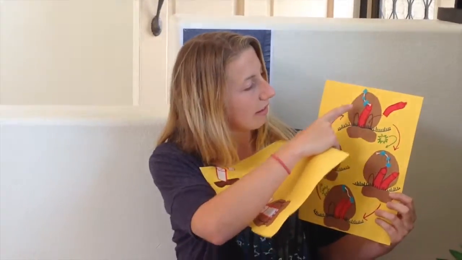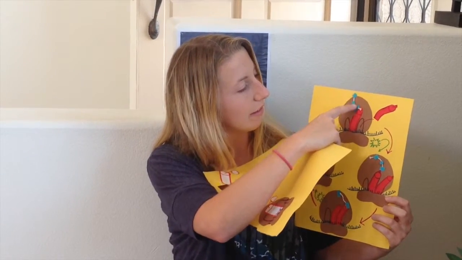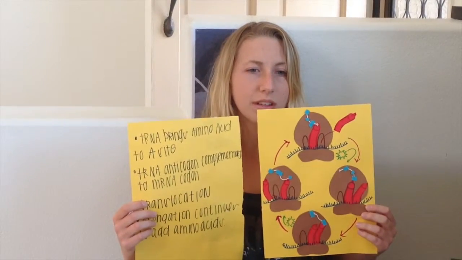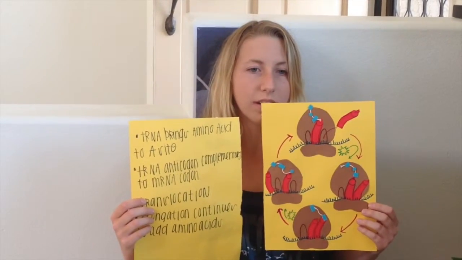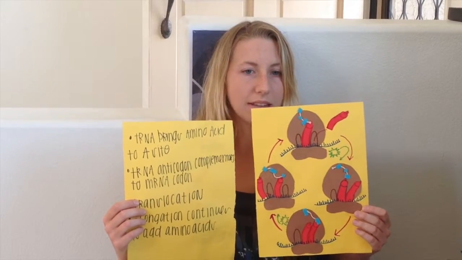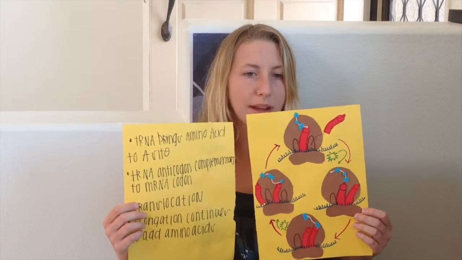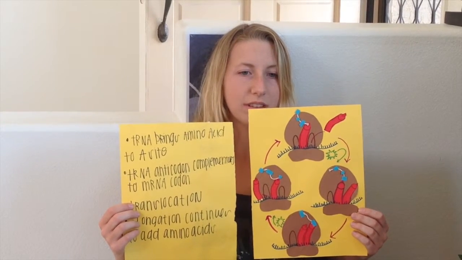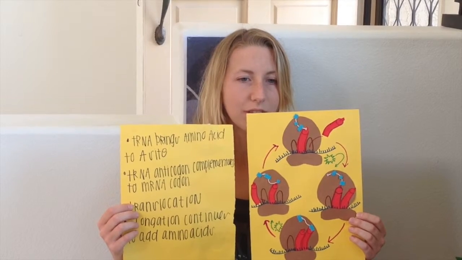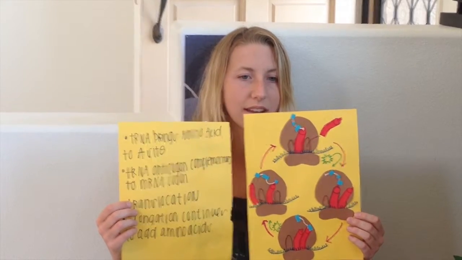The tRNA anticodon must be complementary to the mRNA codon in the A site to make sure the correct amino acid is being added. Then peptide bond formation occurs, as a bond between the peptide in the P site and the new amino acid in the A site joins them.